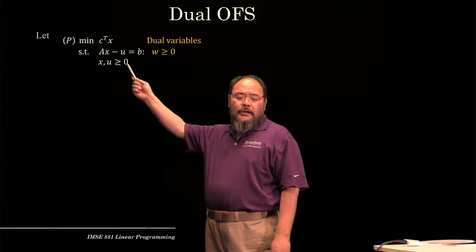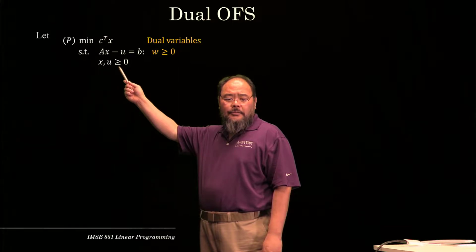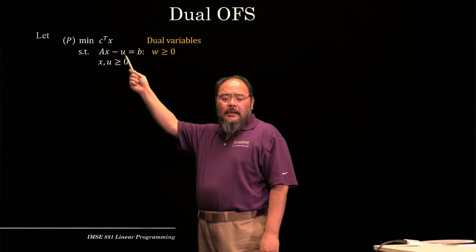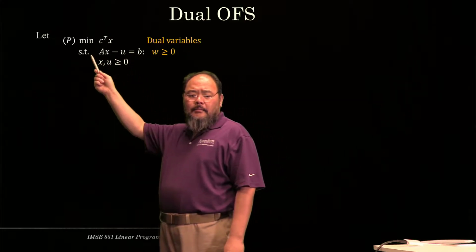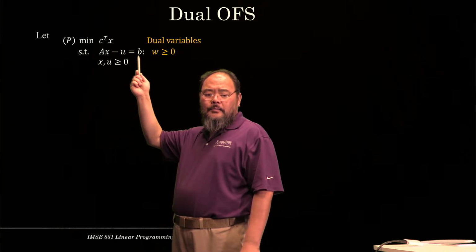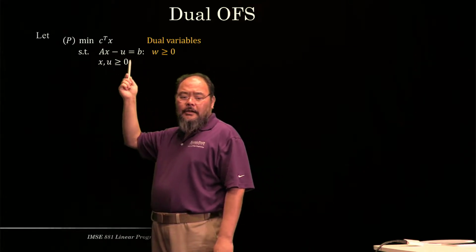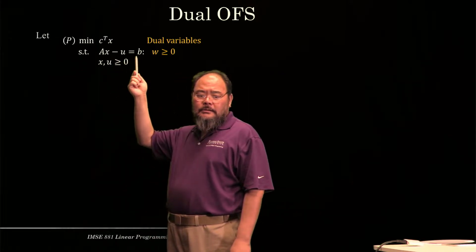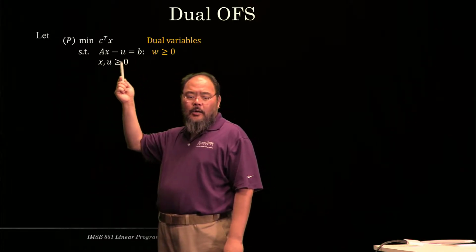Again, this is a primal problem, a minimization problem: minimize c transpose times x subject to Ax minus u greater than or equal to b, Ax greater than or equal to b. I'm adding a negative u as the surplus variable to make it an equality.